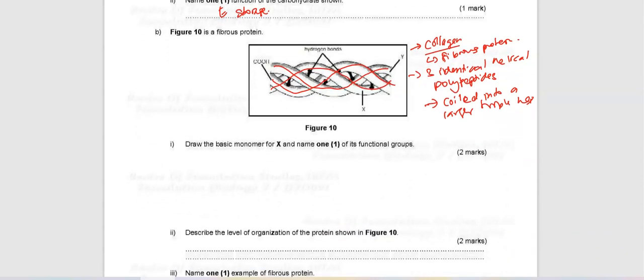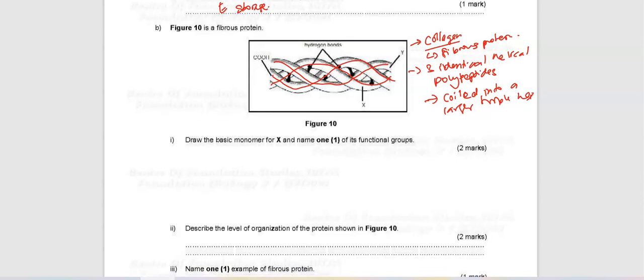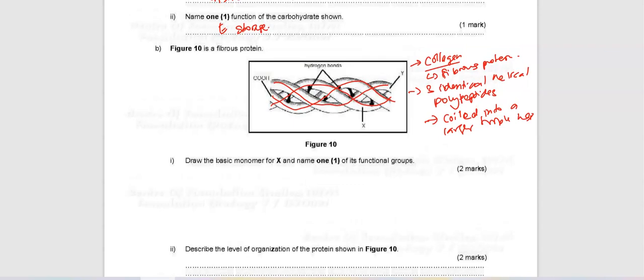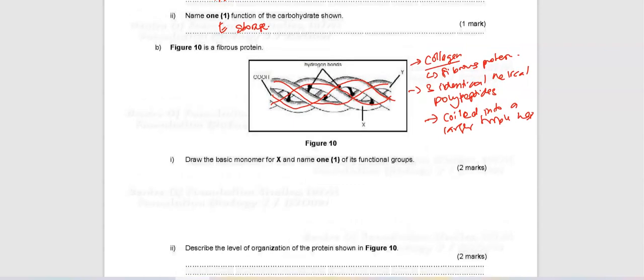In question 1 for B1, draw the basic monomer of X and name one of its functional groups. As you know, the monomer for protein is amino acid. You have to draw the correct structure of an amino acid, like we have seen in question 2.